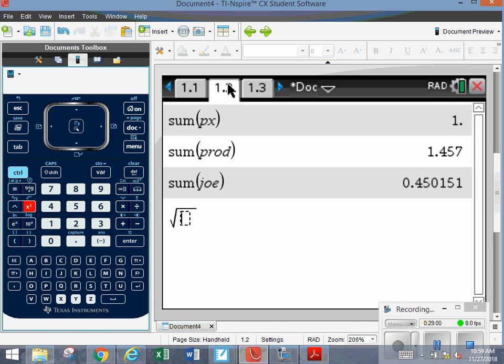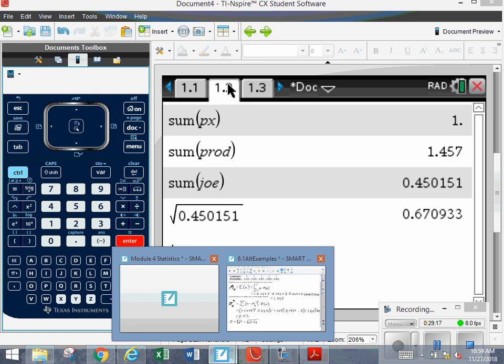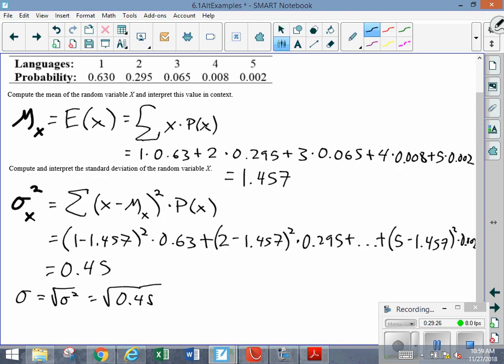You can hit that, and then paste it in there. And that's going to be approximately 0.671.